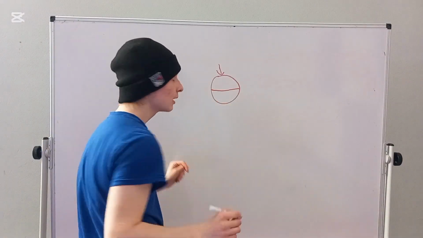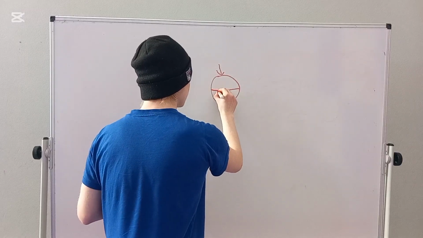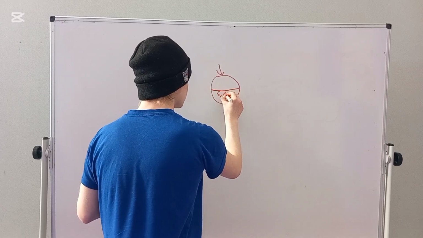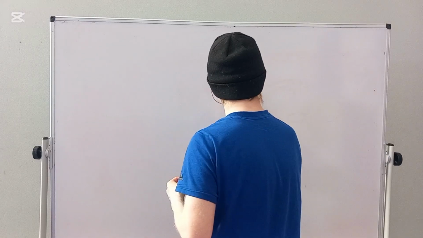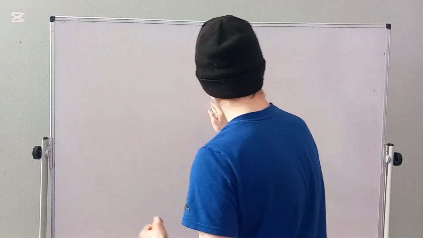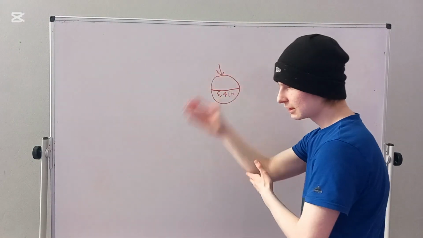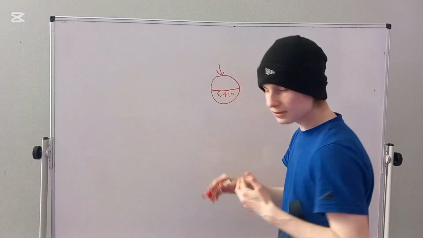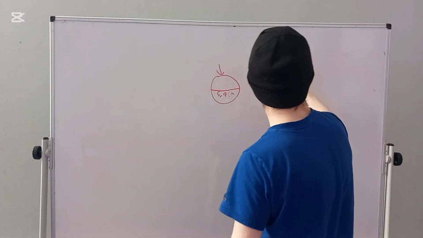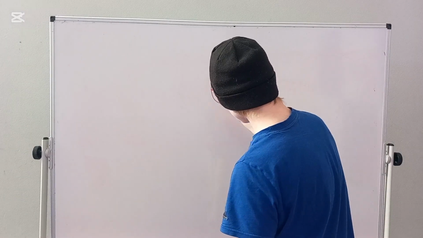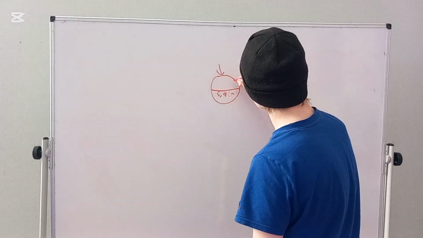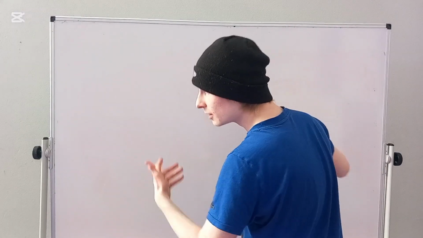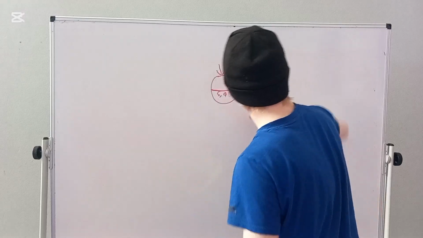So we take again for this example 5.4 centimeters is this line. It's like the cutting line, let's say. So if we want to know this circumference, yeah, you know, the word I can pronounce.